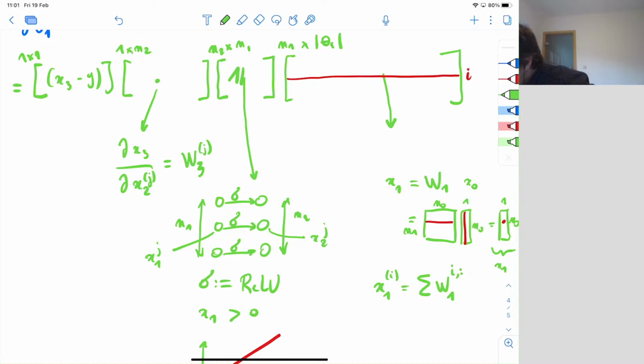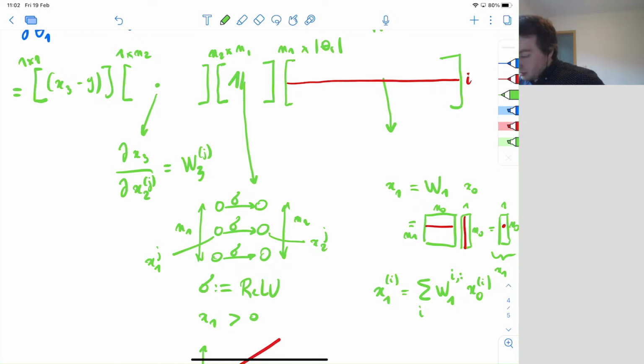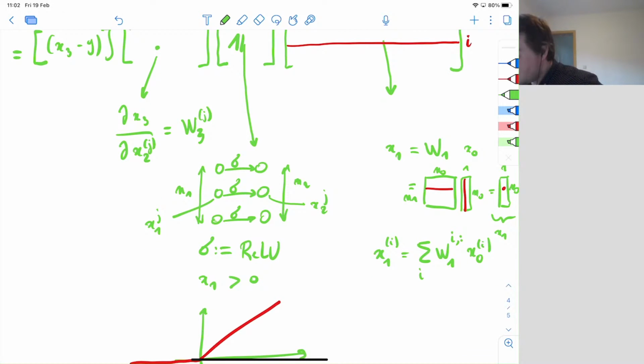And then we multiply this with the corresponding value, x0 J. So that means the value of x1 in the element I only depends on a subset of the values in the W1 matrix, which are these ones.